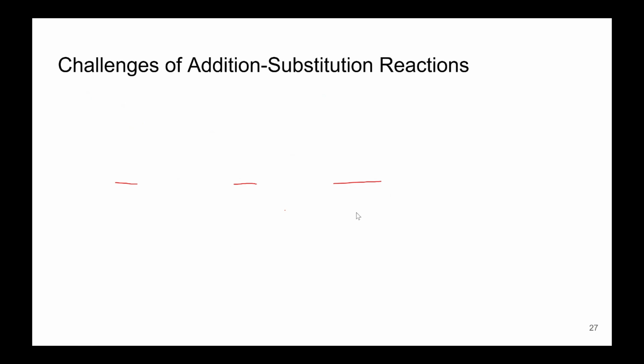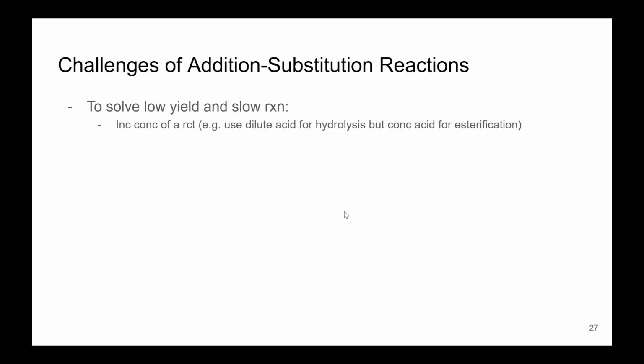So there are still some challenges of addition substitution reactions, even when you use a catalyst. To solve low yield and slow reaction, you can increase the concentration of a reactant. For example, you just have to use a dilute acid for hydrolysis, but concentrated acid for esterification.